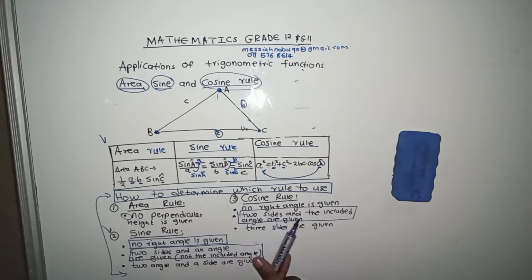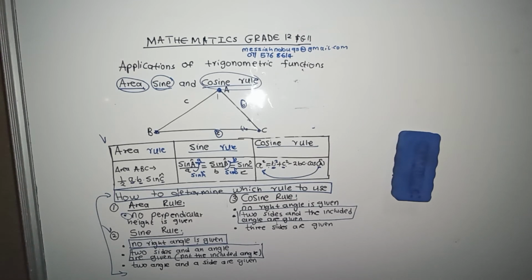For the cosine rule, they say two sides and the included angle are given. Two sides are given, but here the angle we're talking about is the included one, whereas this one is not an included angle.